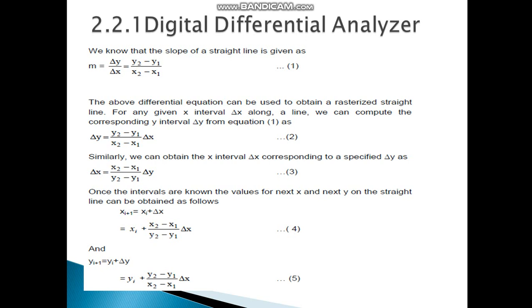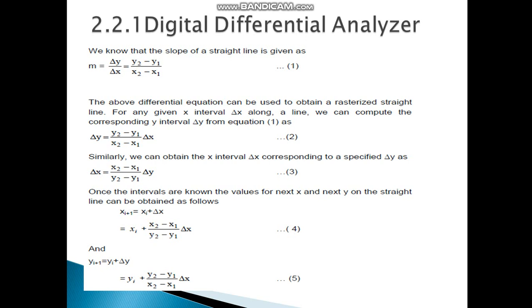The difference in pixel points is analyzed, and according to that the line can be drawn. We have to reach the ending point, so we have to find the incremental floating point. With the help of the floating point, the line segment can be drawn.